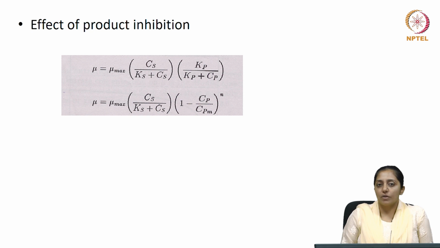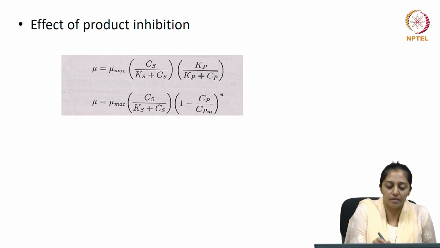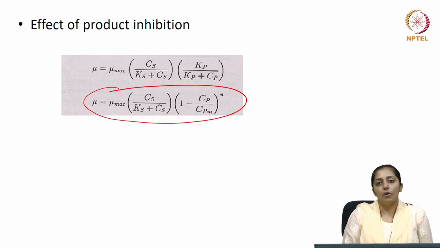Again, based on the same principle, if you see a defined product concentration at which complete growth inhibition is happening, can you make out which among the two equations will be the right way to predict this phenomenon? Yes, absolutely right. The second equation will be talking about that, whereas the first equation will be an asymptotic behavior of product inhibition.